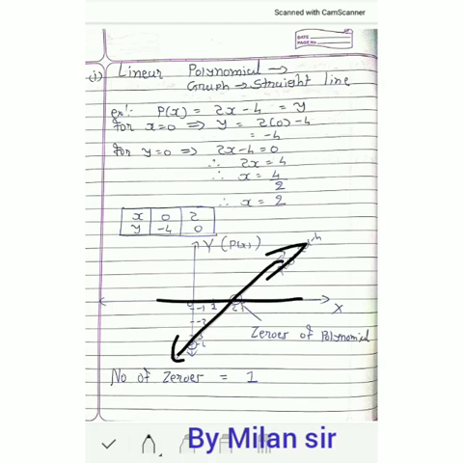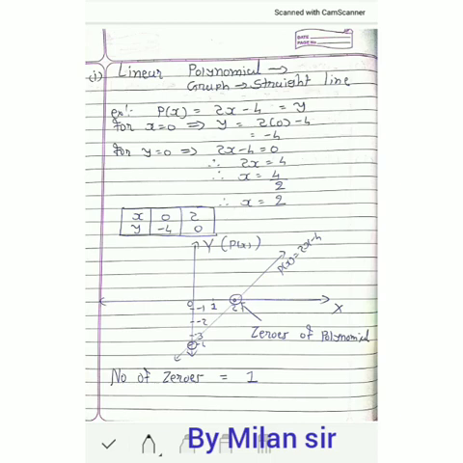So for every linear polynomial, the number of zeros is equal to 1. That means ultimately we can say that the number of zeros is equal to the number of intersection points of your graph with the x-axis. I am writing this line but on the next page.